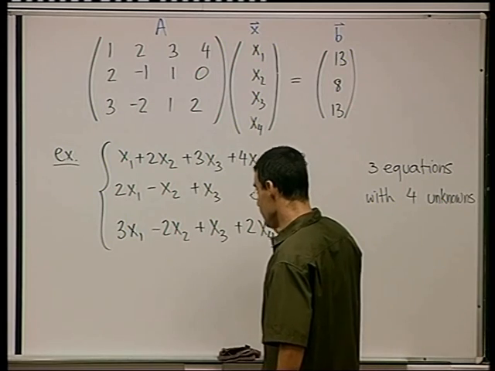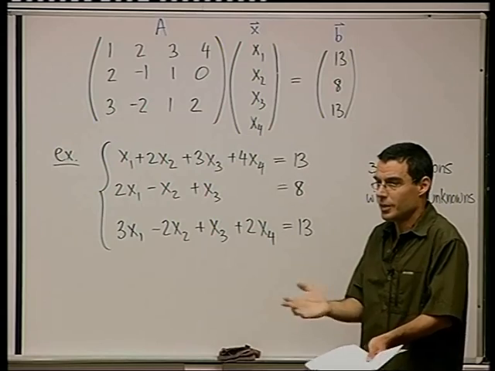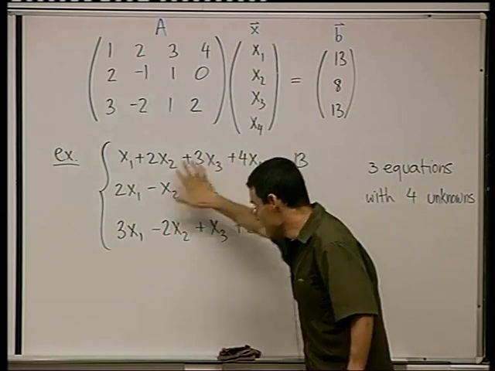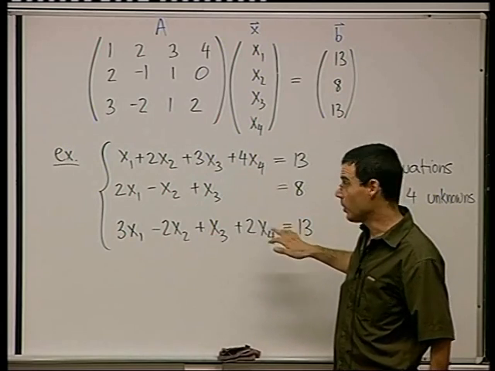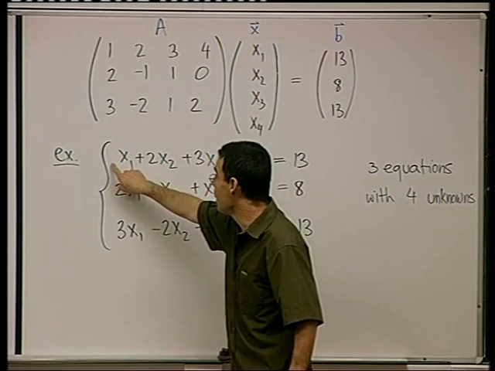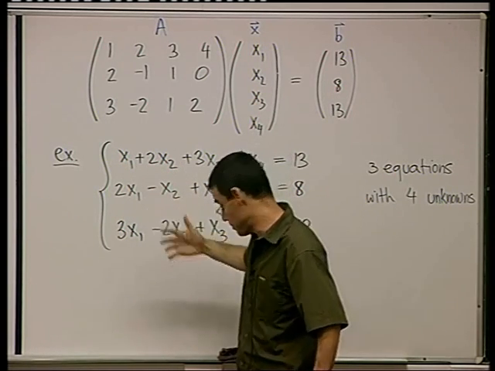So what I want to do, and it might be a bit scary again, but it's just intimidating at first glance, but really it's just rewriting this. I want to write all this abstractly. I want to replace 1, 2, 3, 4, etc. by A11, A12, A13. I want to write it in the abstract way.